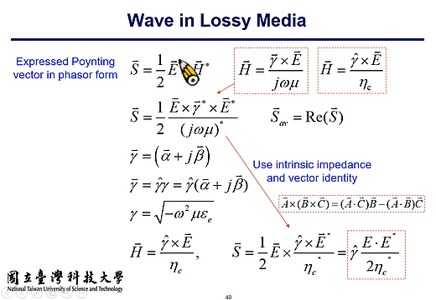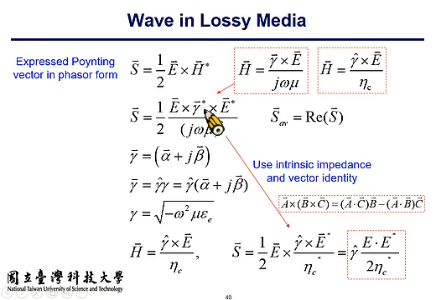It is expressed as E cross complex conjugate of H. They are all in phasor form, and we know that they are sinusoidal signals because of phasor form. So you substitute the H conjugate with the H expression and take the conjugate.